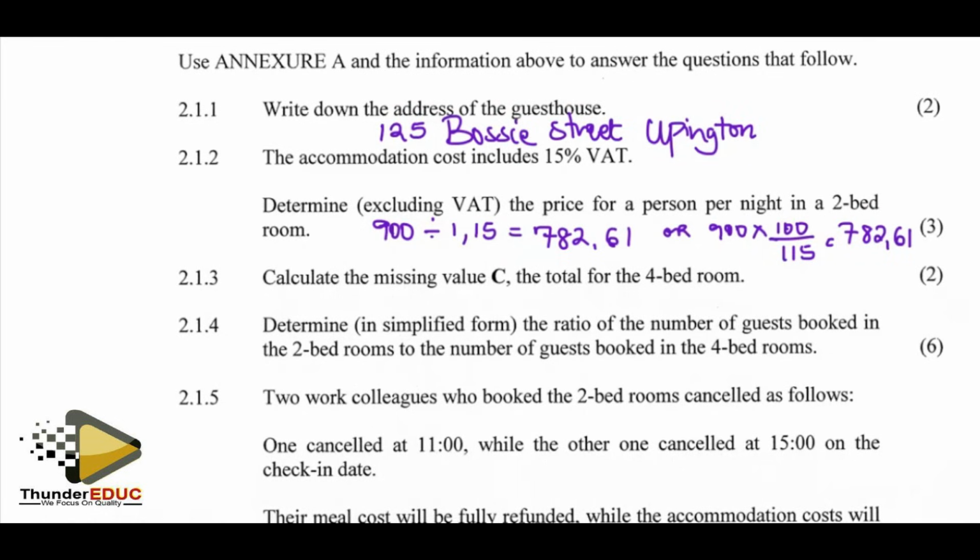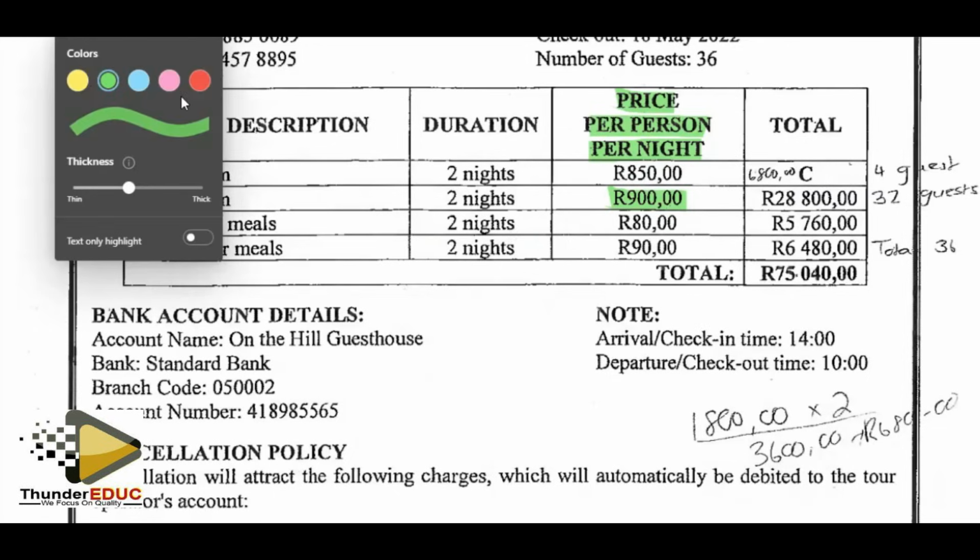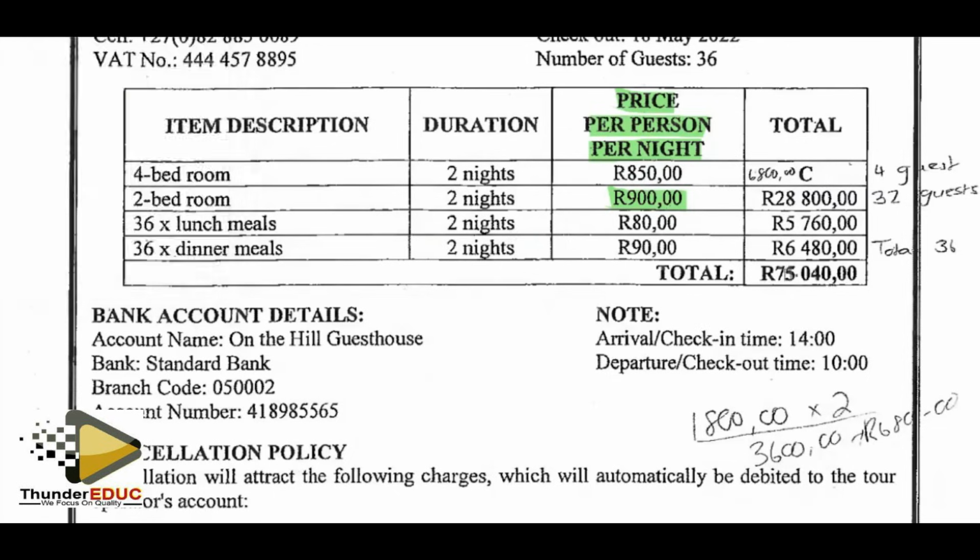Would still be right. Look at the missing value of say the total for 4-bedroom. So all we are going to do, let's go to the next page and we shall analyze. Look at this. We already have the total.